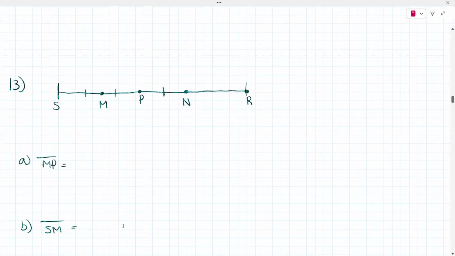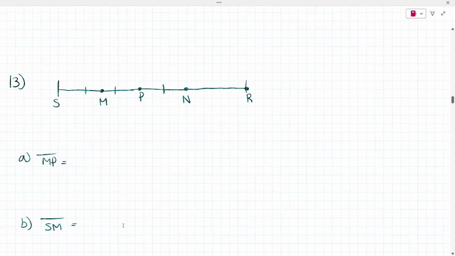The total distance is from SR, and we want to know the distance from MP. Oh, they also should have told you this. On the problem, it also says that MN, this is given. MN equals 8, and line segment SR is 26.